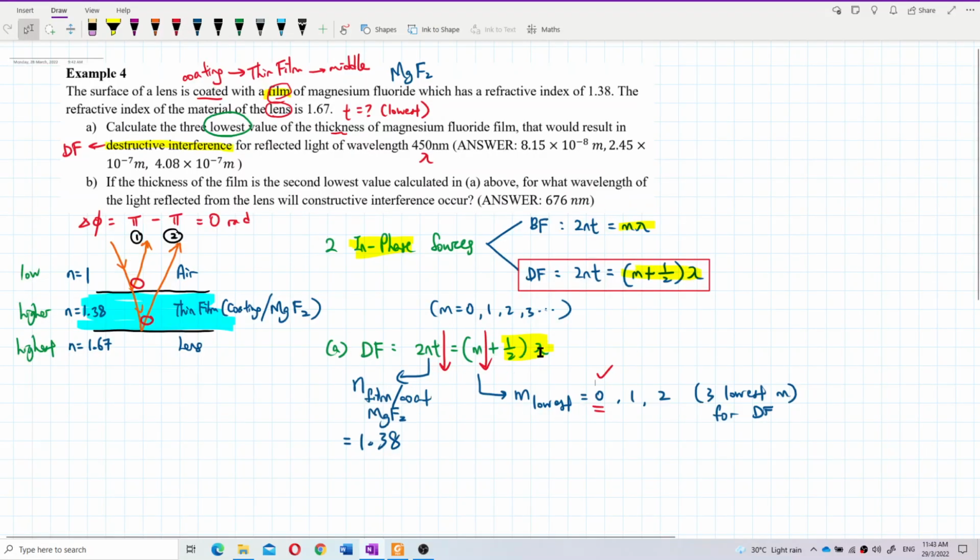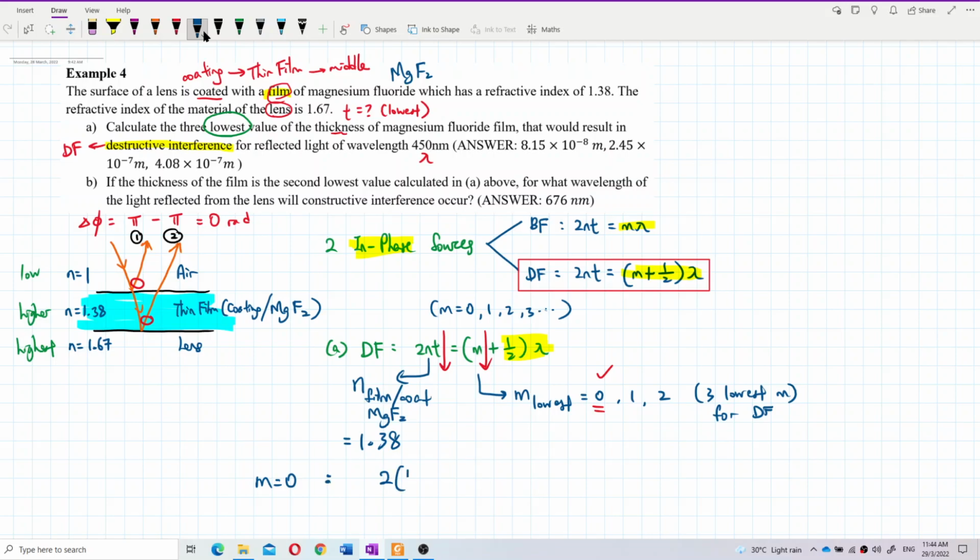Now, what is the value of lambda? Lambda is 450 nanometer. Okay, so I have everything needed, so I just substitute the values and I can get the answer. I start with m equal to 0.